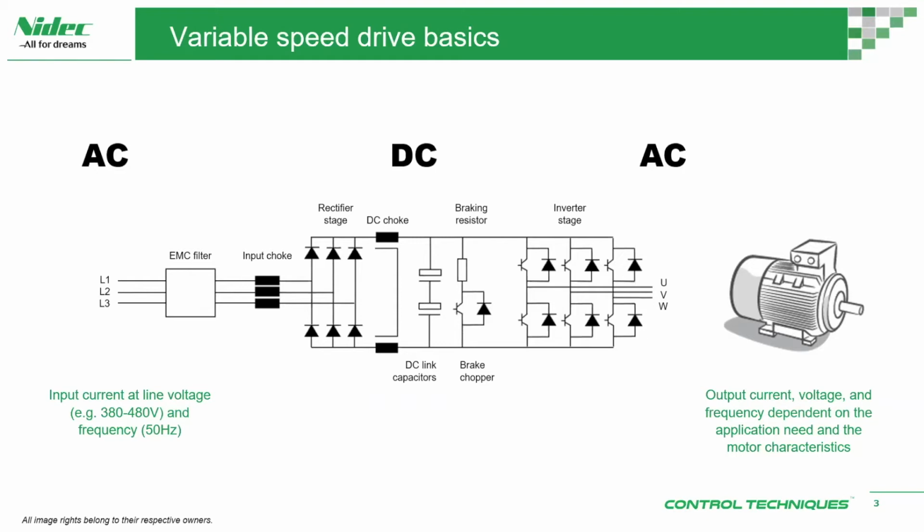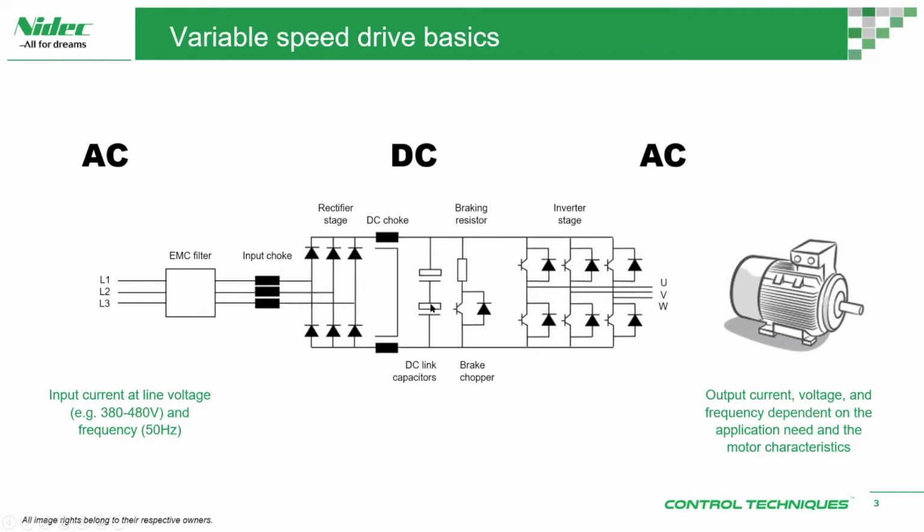So if you have a line input at a typical voltage of somewhere between 380 or 480, or even 200 to 240 volts, at a typical European frequency of 50 hertz, that gets turned into direct current by the drive's rectifier stage.